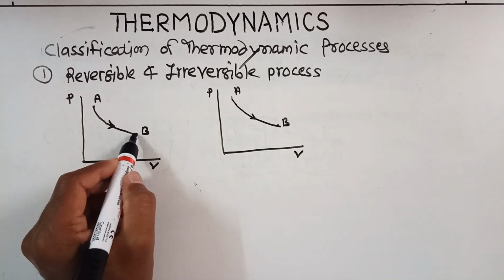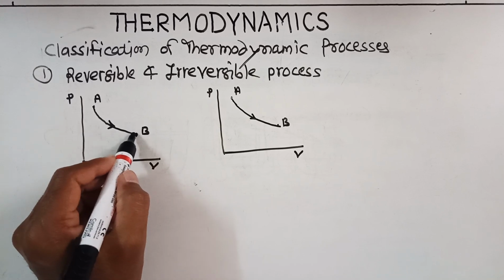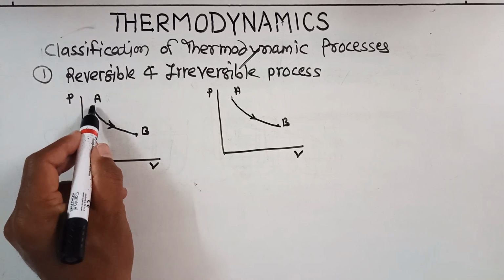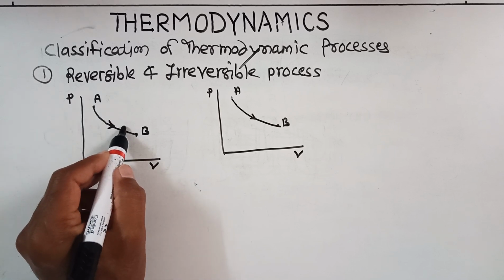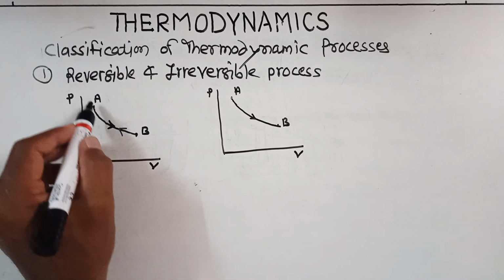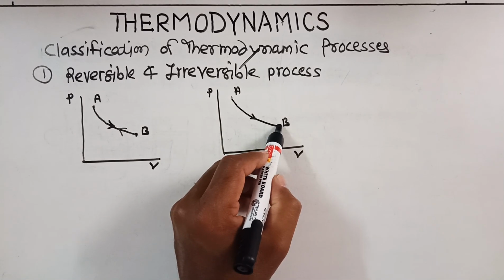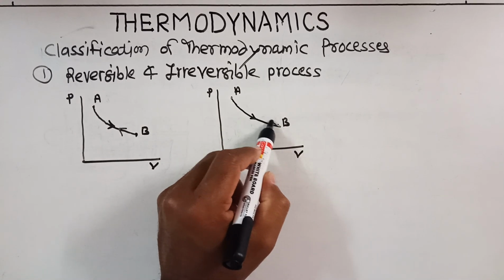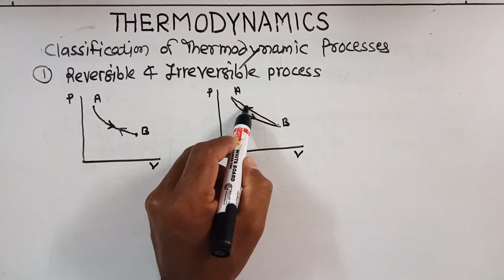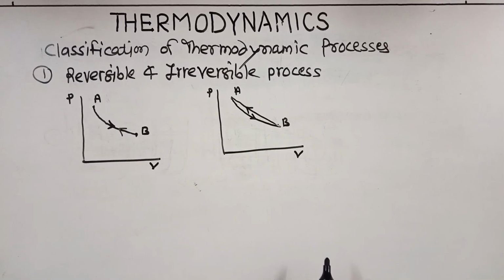If we are able to retrace the same path again, then we say that the process is a reversible process. And if we are not able to retrace the same path, then we say that the process is an irreversible process.